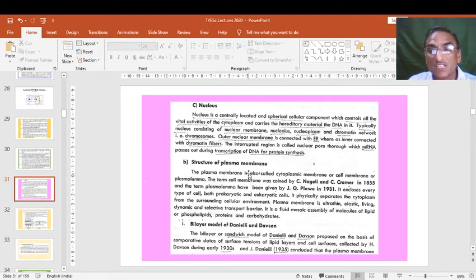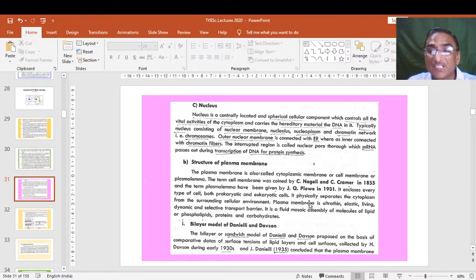The term cell membrane was coined by C. Nageli and C. Kramer in 1855, and the term plasma lemma was given by J. Q. Plowe in 1931. It encloses every type of cell, both prokaryotic and eukaryotic cells.